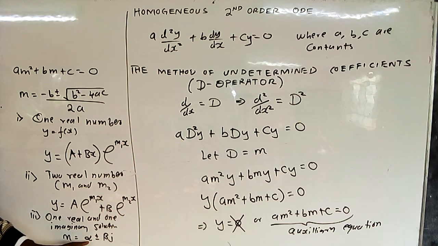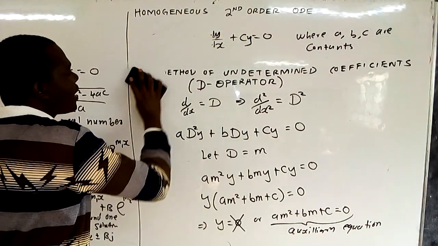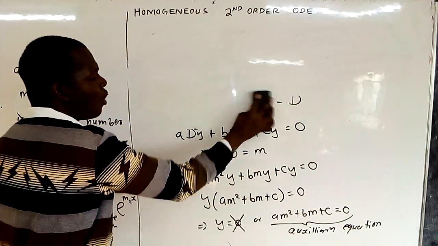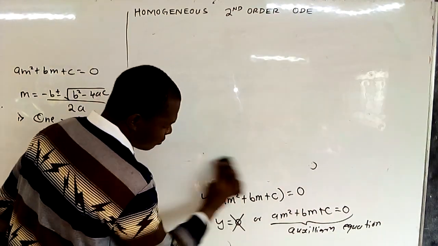So when you find the solution to be in this manner, meaning there's a real part which is alpha and there's an imaginary part which is beta, isn't it? So what is going to be the general solution of your second order homogeneous ODE?